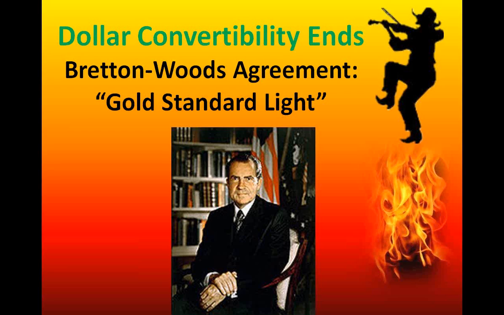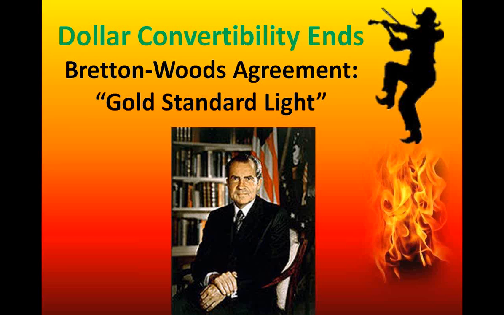So if the United States owed money to France or Germany or other countries, it settled all of its debts in gold. The Bretton Woods Agreement took place in the 1940s, and it allowed for the dollar to still be converted into gold to settle debts.